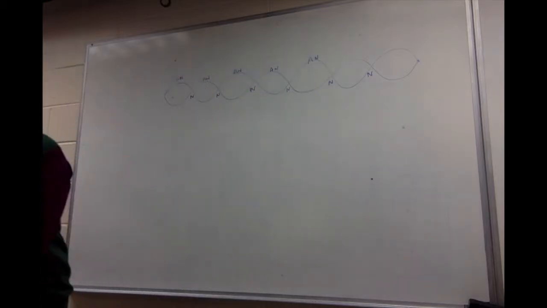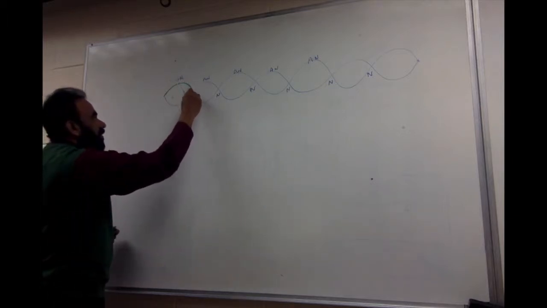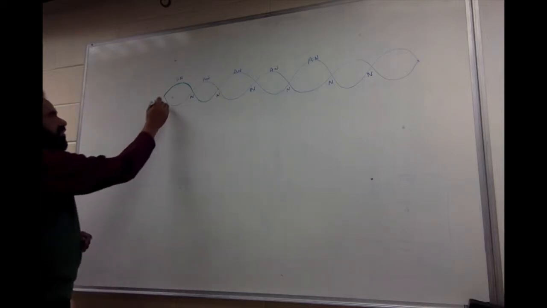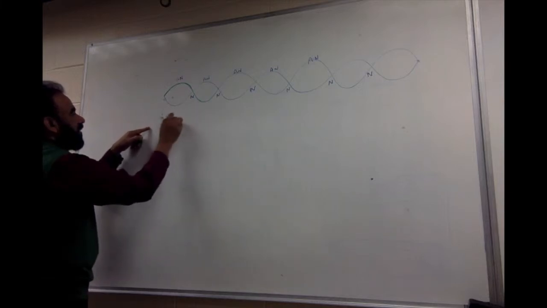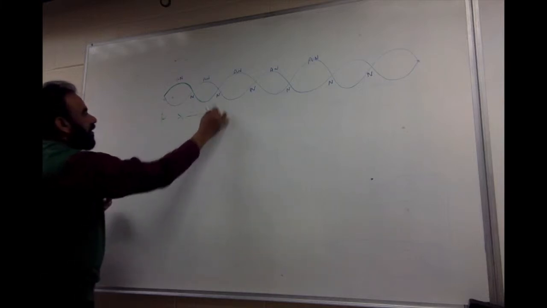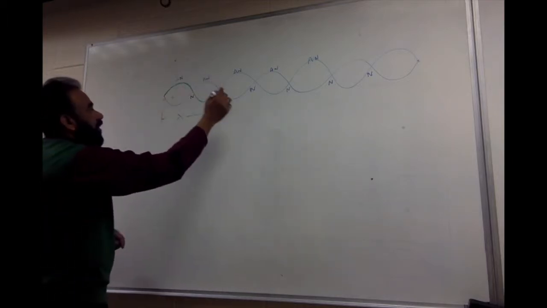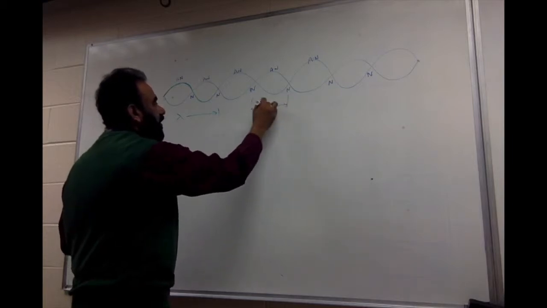If you look at that wave properly, this is one wave. The distance from this node to this node is a wavelength. That is one wavelength. And the distance from node to node is half a wavelength.